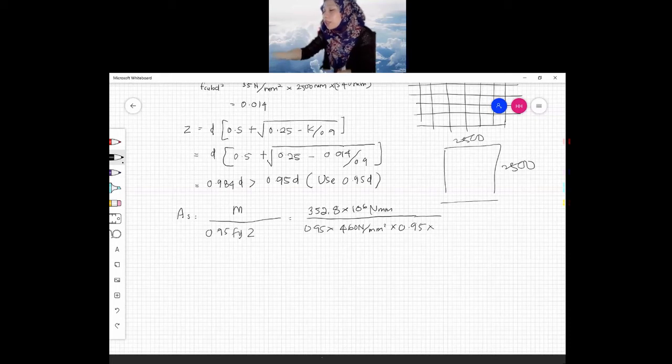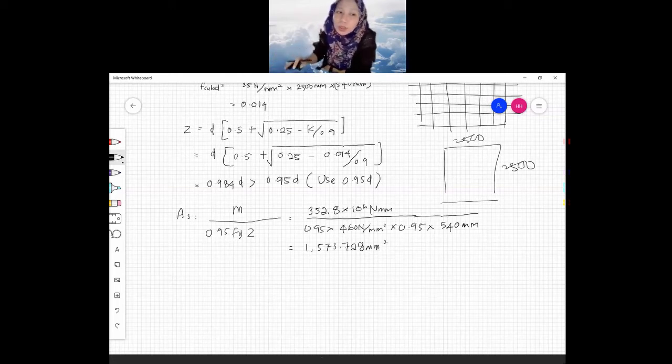So we know that Z is 0.95D, and our D is 540. Just key it in. Okay. So here I got 1,573.728. Okay. So this is the value of AS.